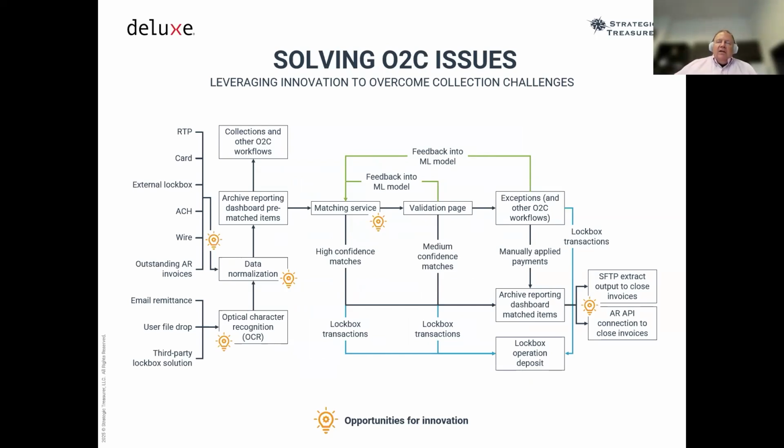On the left-hand side, near the top, you can see different payment rails and then things like outstanding AR invoices. So you can see lockbox, ways of processing, how information comes in. Then you see information about data. So data can come from a number of sources, either separate or together with the payment.